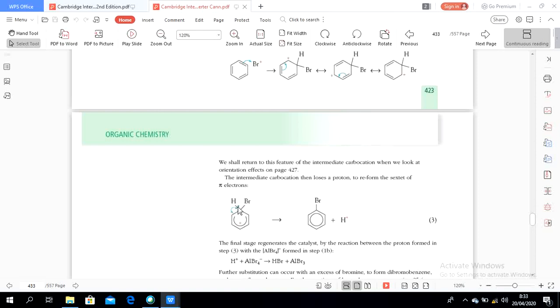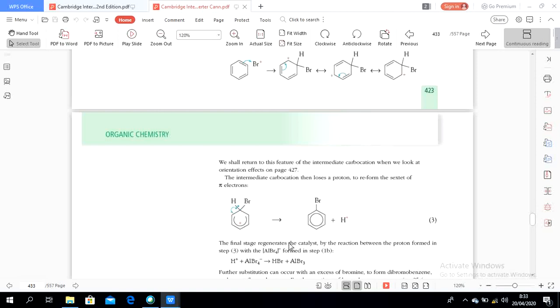This hydrogen has an electron, this electron goes here, and then the benzene loses the hydrogen atom, because we know that benzene cannot undergo addition reactions. It can only undergo substitution reactions.